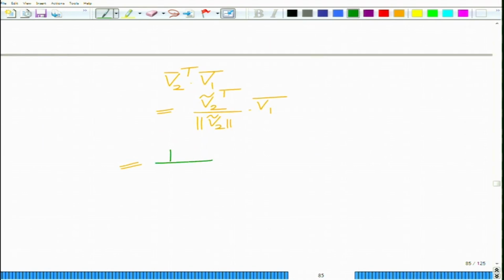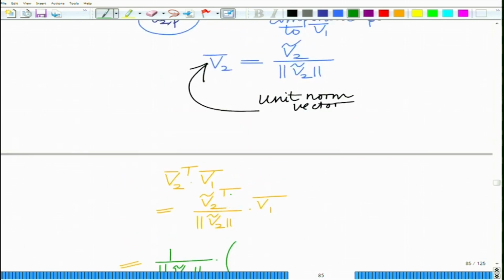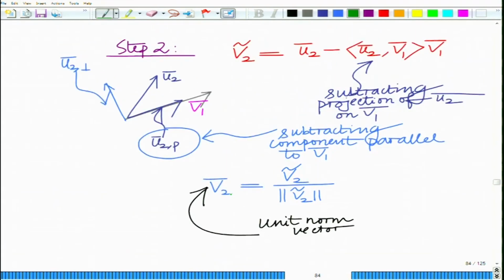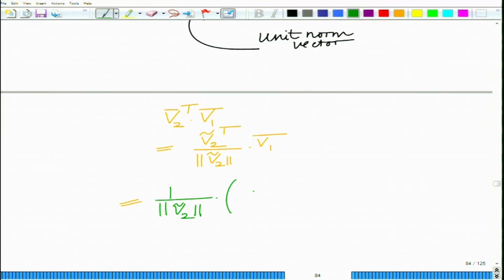Now, this is 1 over norm V2 tilde times, well, V2 tilde transpose is, as we have just seen, U2 bar transpose minus the inner product of U2 bar and V1 bar times V1 bar transpose, times V1 bar.